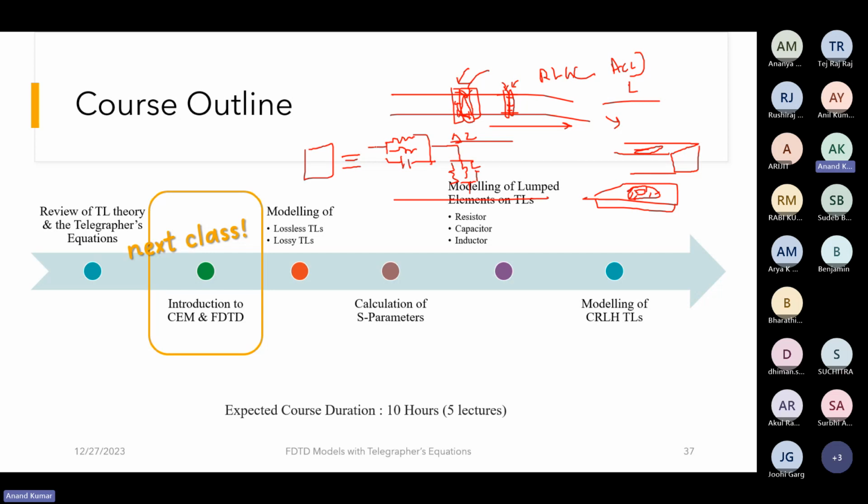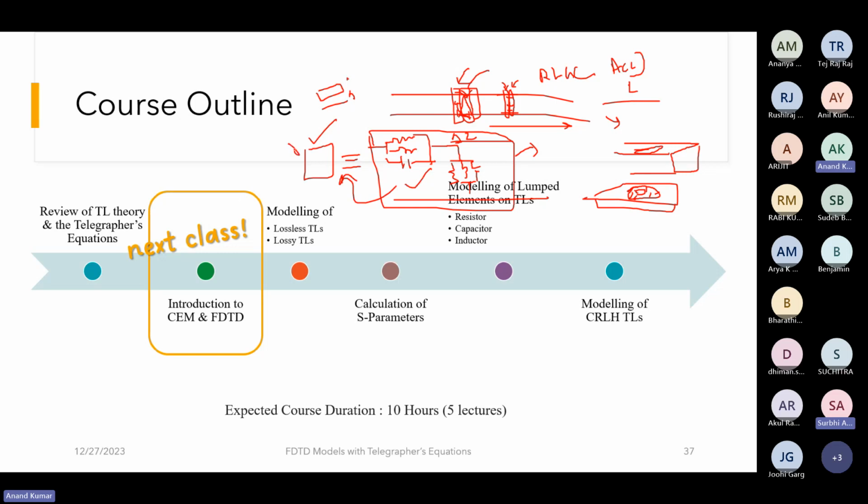If you can make an equivalent circuit of whatever your structure is, which will depend upon the slot thickness, slot length, and other parameters, then you can use whatever we go through in this class to model that. But the equivalent circuit is something you'll have to figure out for your line structure.